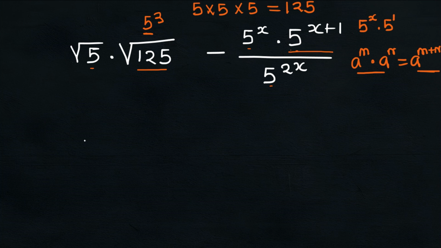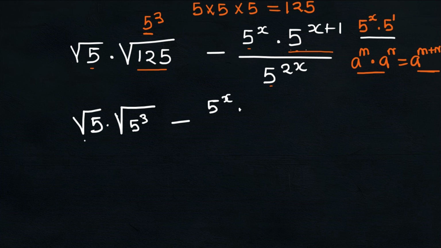And then our next step will therefore be the square root of 5 multiplied by the square root of 5 to the power of 3, minus 5 to the power of x multiplied by, since we are replacing 5 to the power of x plus 1 by this, 5 to the power of x multiplied by 5 to the power of 1, which is literally 5, over 5 to the power of 2x.